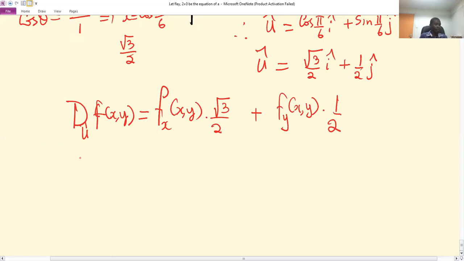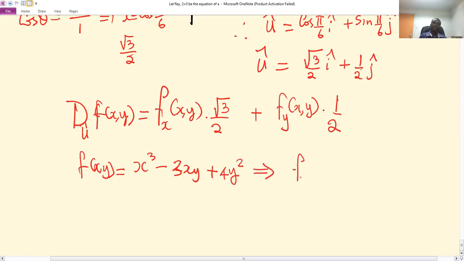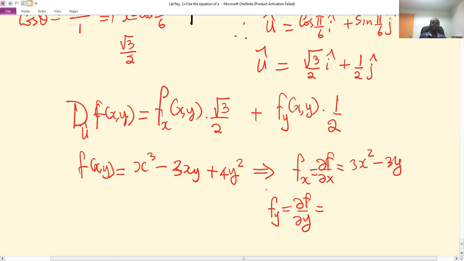Now, the function given, f of (x, y), is x cubed minus 3xy plus 4y squared. So f_x, or partial f partial x, will be 3x squared minus 3y, and f_y, partial f partial y, will be minus 3x plus 8y.